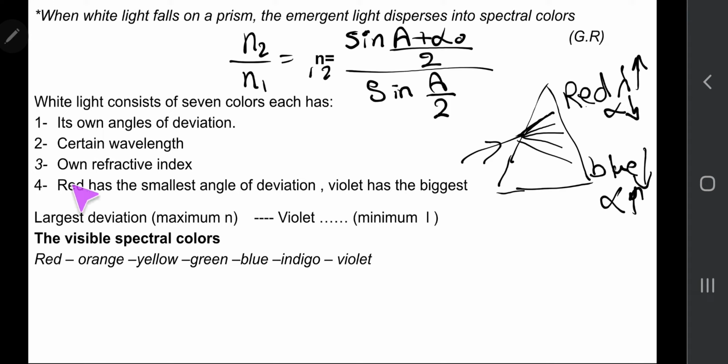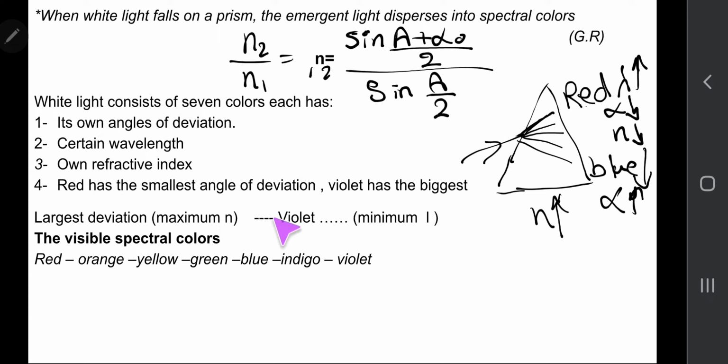Each color has its own angle of deviation and certain wavelengths. Okay, own refractive index inversely مع الويفلنس. احنا قلنا n2 over n1 equal lambda 1 over lambda 2. يبقى relation between الويفلنس والn inversely.